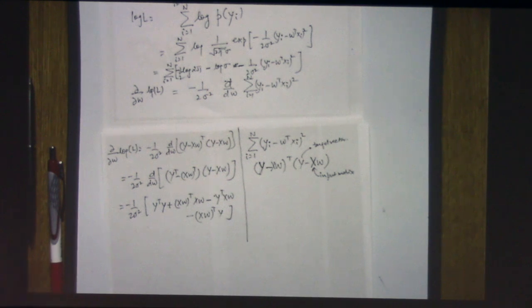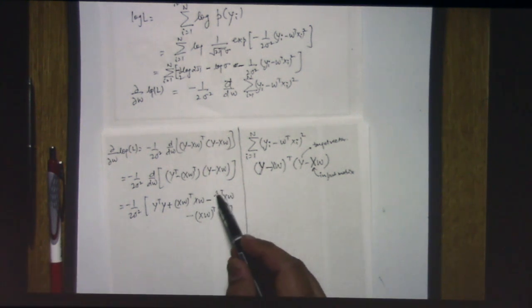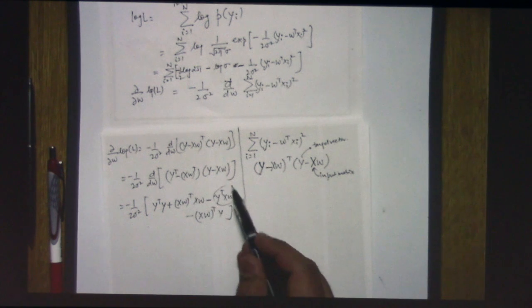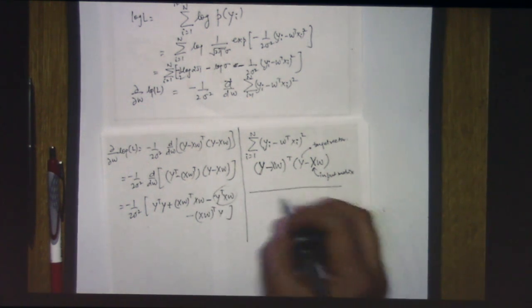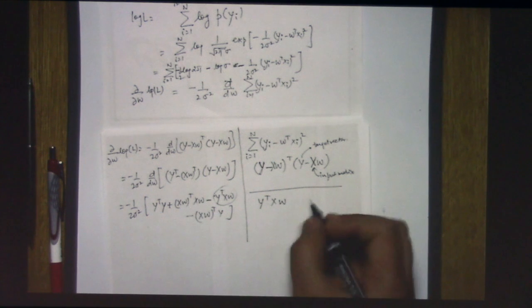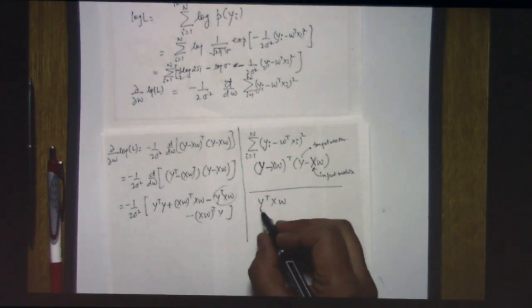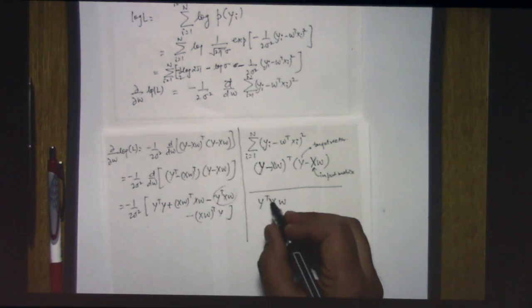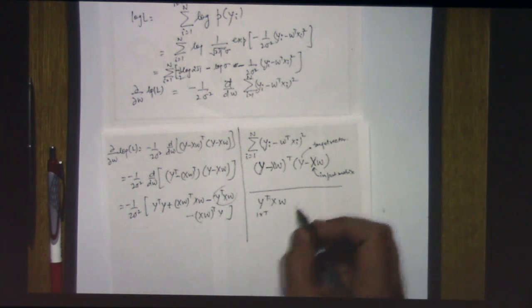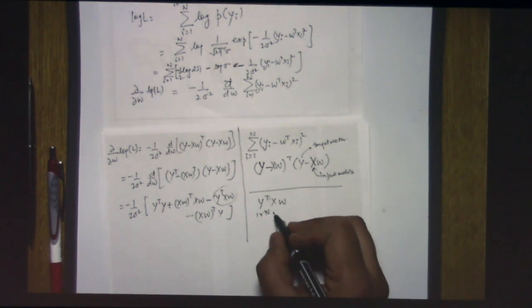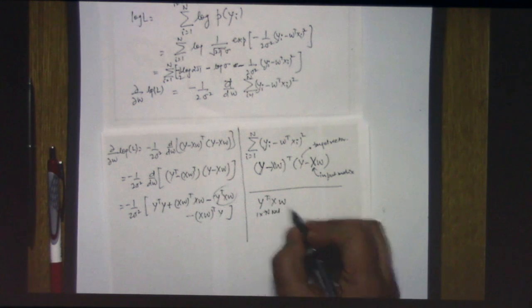One thing you can see is this: look at y transpose xw. y is an n cross 1 vector, so y transpose is 1 cross n, x is n cross d, and w is d cross 1.